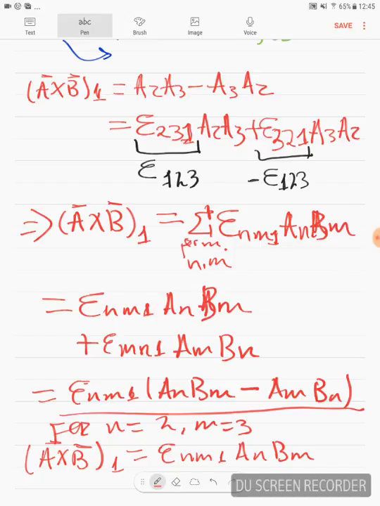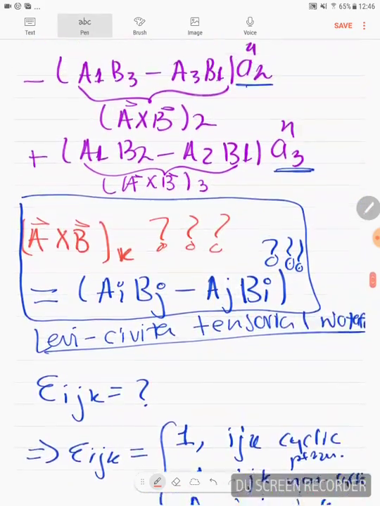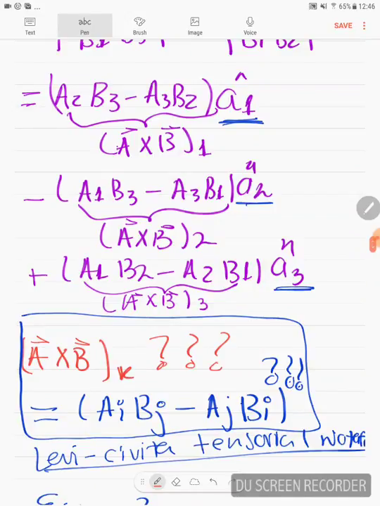See, now what happens for component 2, which has the minus sign preceding it? Here component 2 has this minus sign here, so it's of course A1 B3 minus A3 B1, but with the minus sign up front. So then we will do the following.